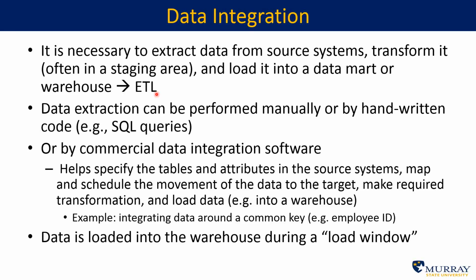Now data extraction can be performed manually. It can also be performed using some kind of code, let's say SQL code or SQL queries. There is a lot of commercial data integration software. Again, the kind of software that you use depends on the kind of data that you have and the type of application.